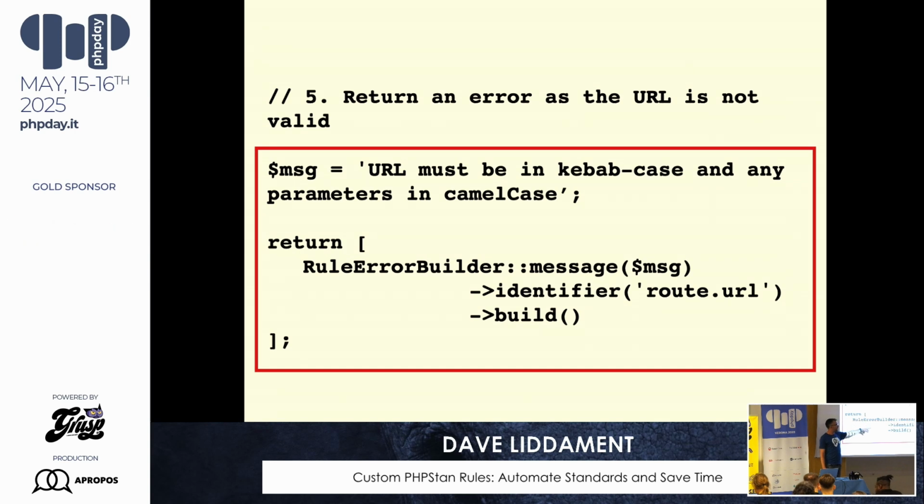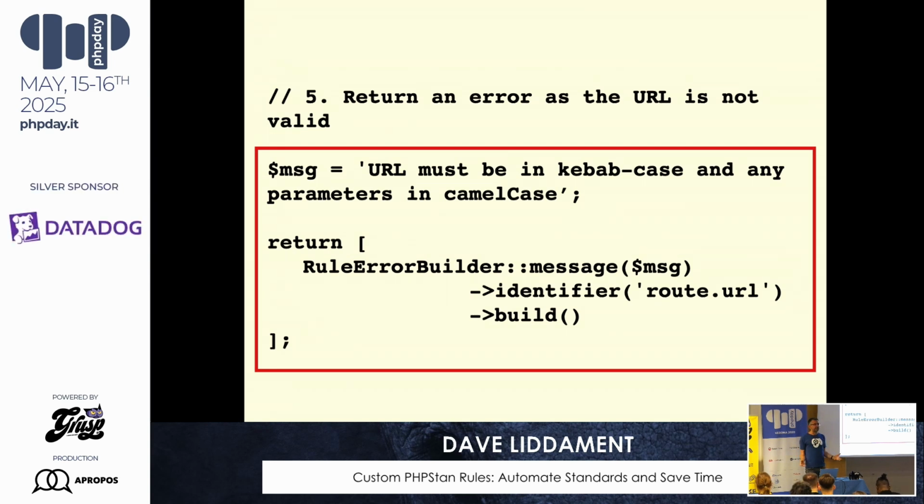We put in a message, put an identifier, we call build, and this means that the user, when they finish running PHPStan, will have been reported that there's been a call to root and it's not a valid URL.